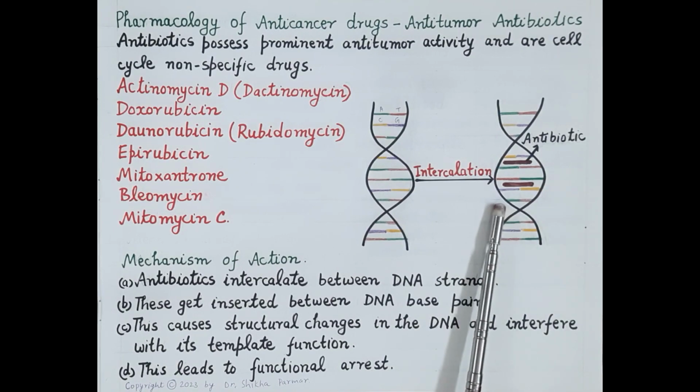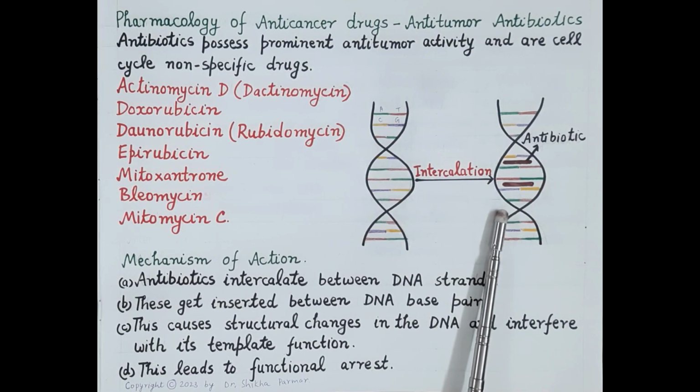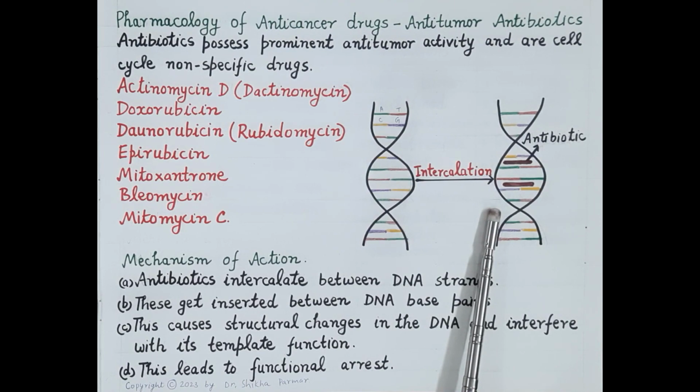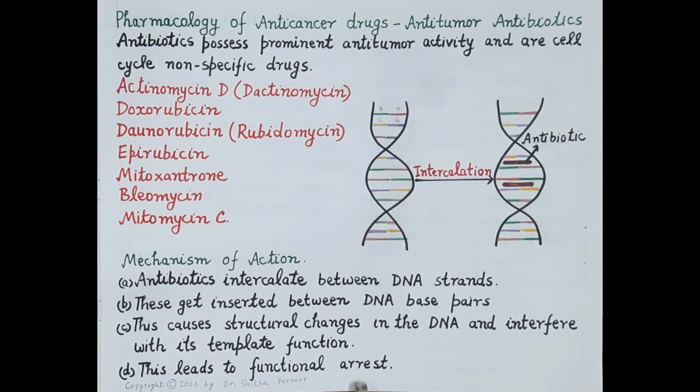So this is intercalation. Now this intercalation causes structural changes in the DNA, and interferes with the template function of DNA. So the DNA cannot replicate, then transcription is also prevented, so RNA is not synthesized, proteins are not synthesized, and this results in the functional arrest.